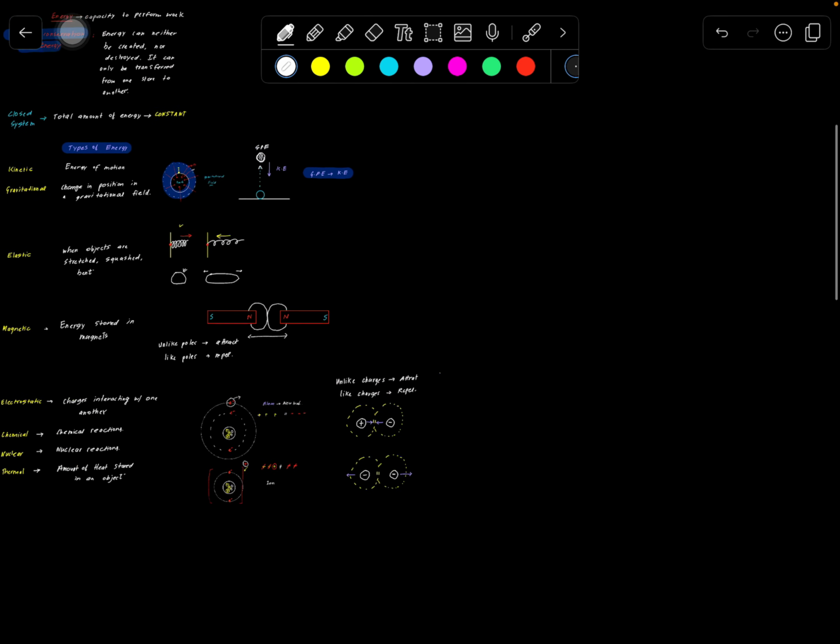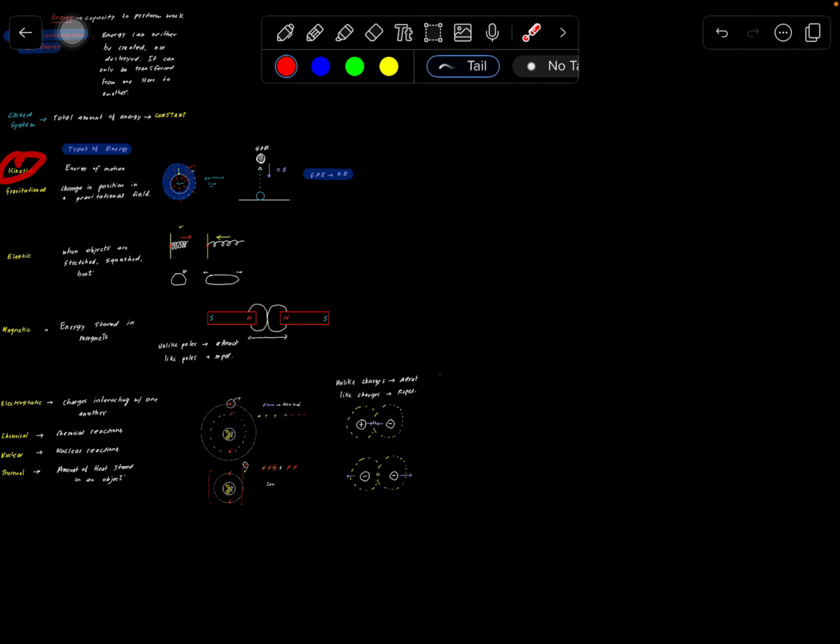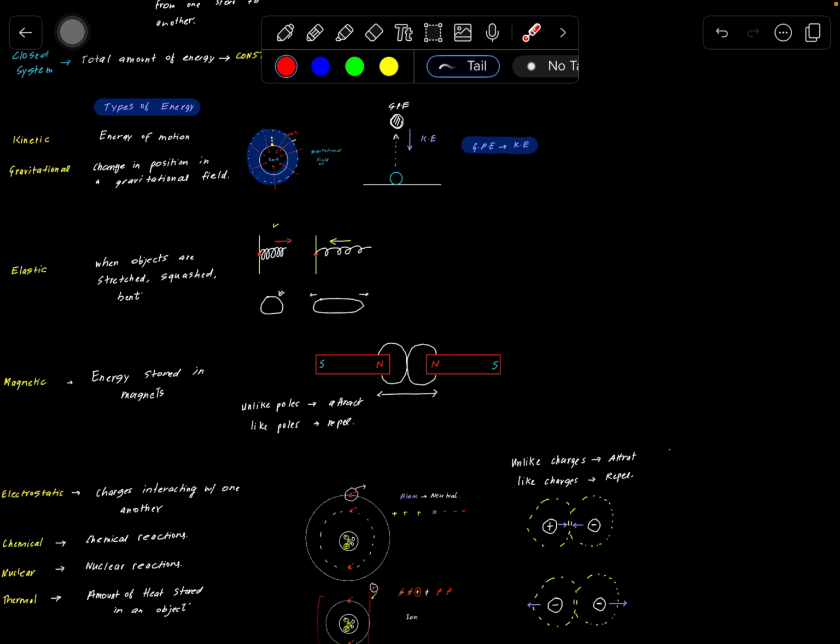Now, once we know the types of energy, it's important that we learn about the pathways via which energy is transferred. We have four important energy transfer pathways.